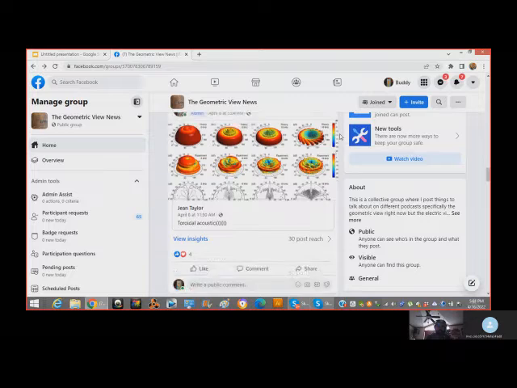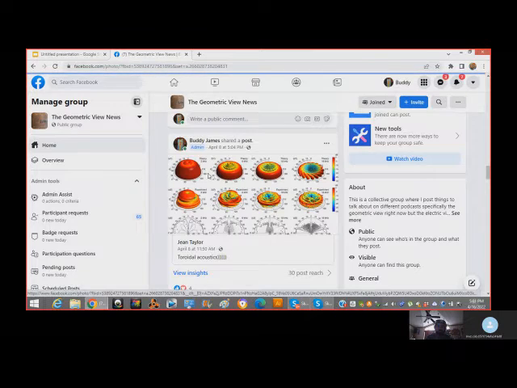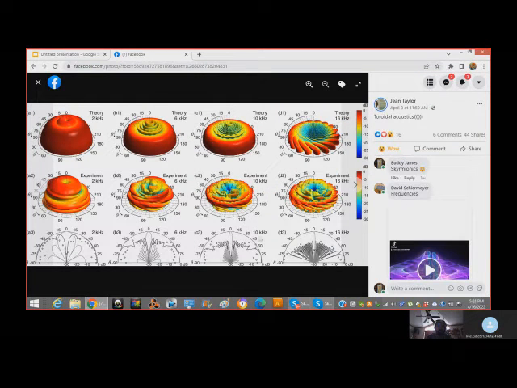That's me. Here's toroidal acoustics. Beautiful image here. Just gorgeous image of toroidal acoustics. You can hear them. You can hear the corkscrew of that sound.